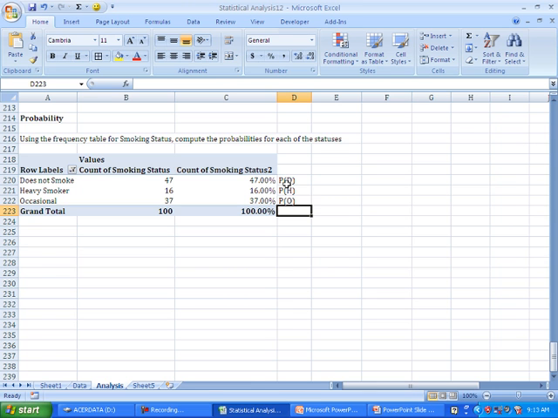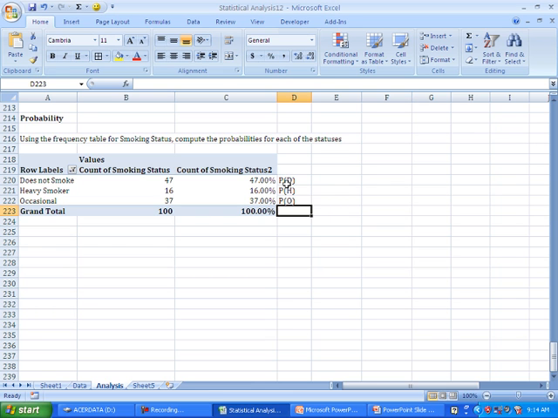if this sample is a very random sample, not a biased sample, what it is saying is there is a 47% chance of finding a person who does not smoke.